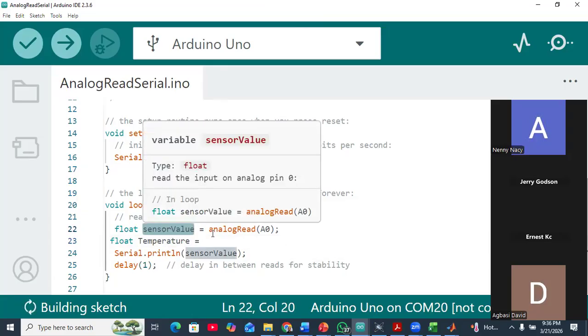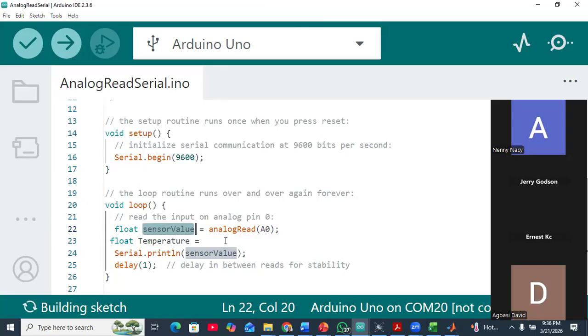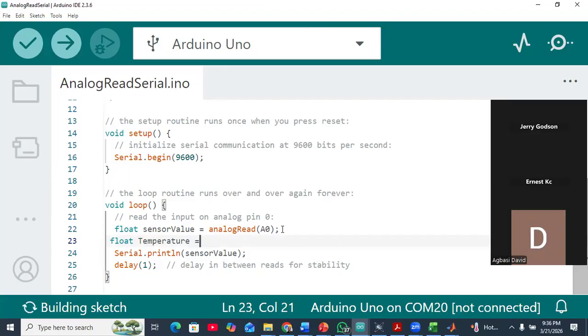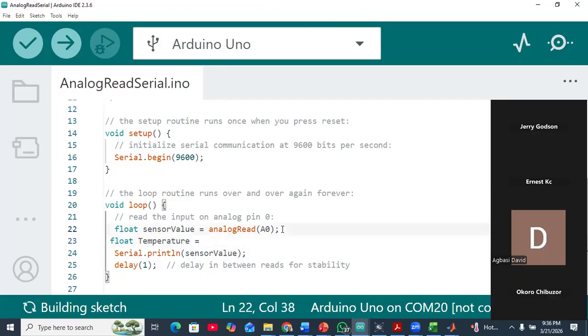Meanwhile, we have to convert this sensor value to voltage equivalent.